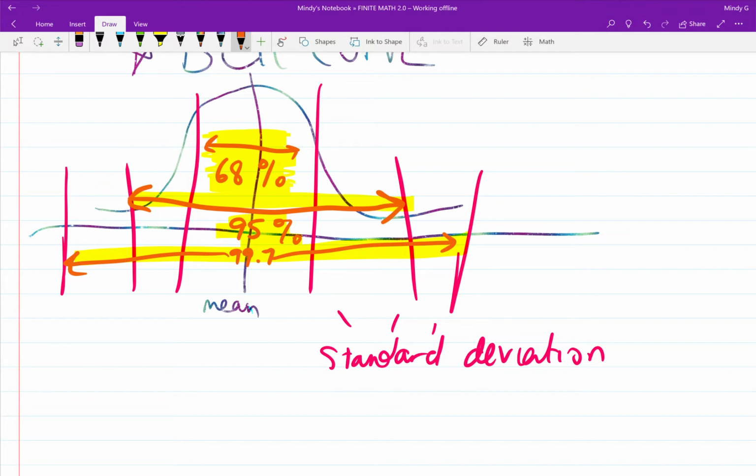Okay? So that means 0.3% of your data will fall outside of this bell curve, further away than 3 standard deviations.